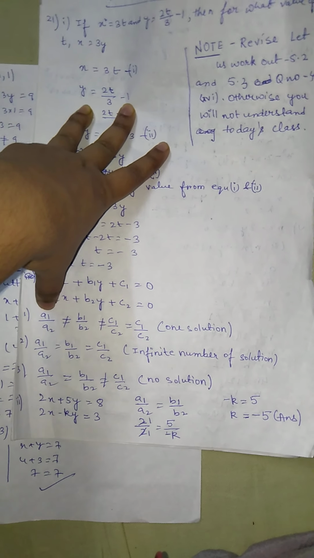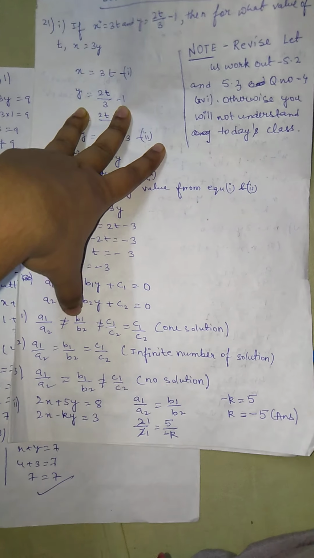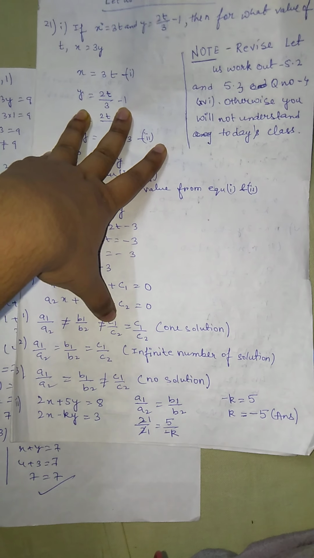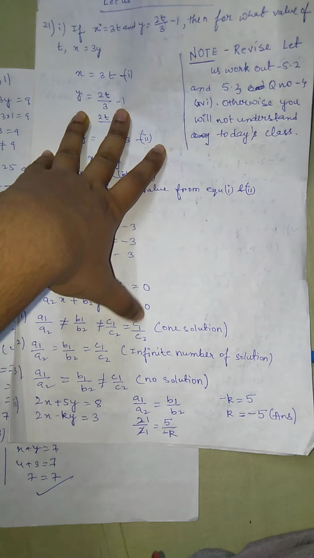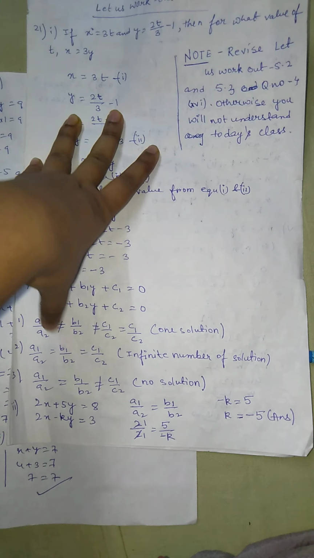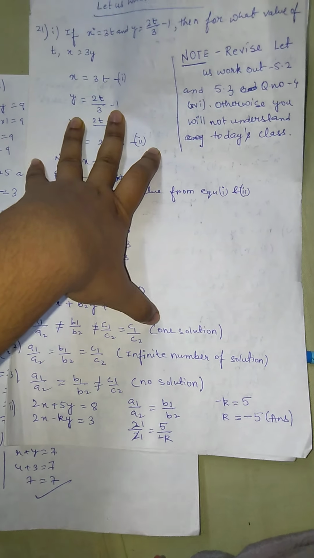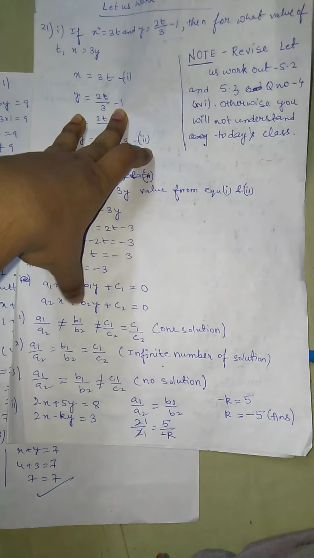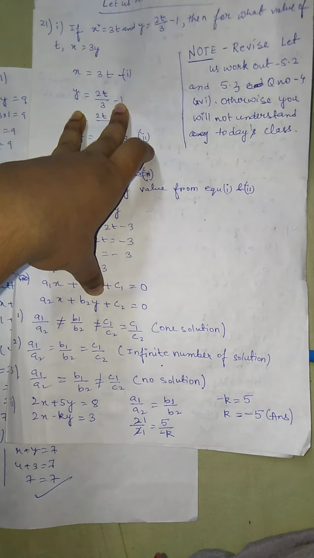Now see, a1 by a2 does not equal b1 by b2. If this type of question will come, it means one solution, means these two equations have only one solution.